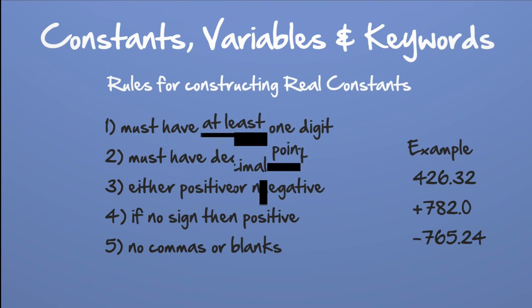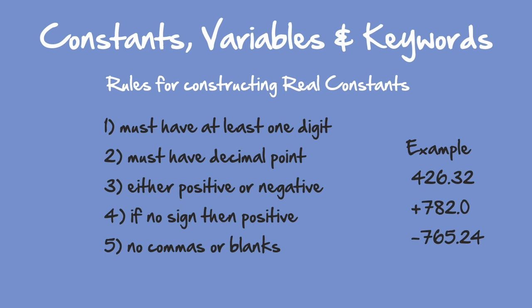Now the rules for constructing real constants are the same as for integer constants, but there should be a decimal point in a real constant, because it will be an integer constant instead if you don't provide the decimal point. It may be either positive or negative. If no sign, then positive, no commas or blanks. The range of a real constant is quite large.